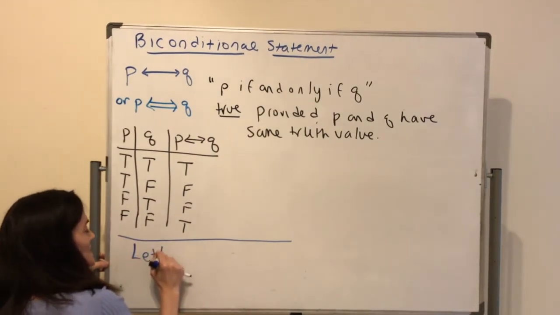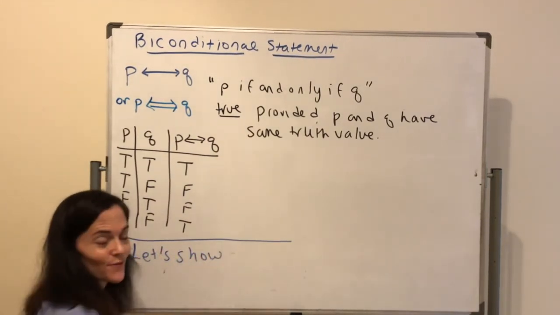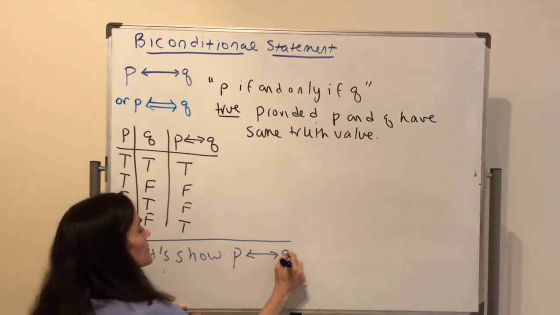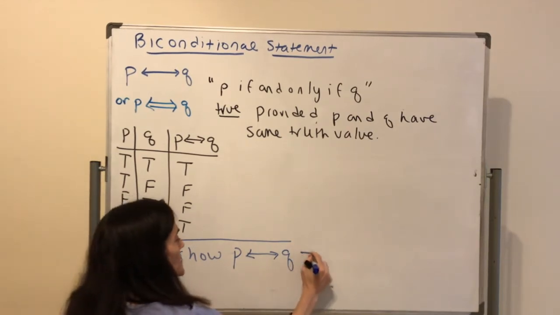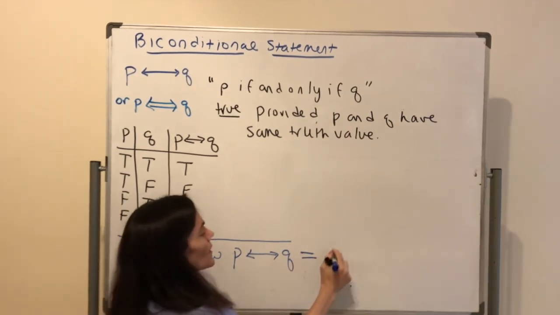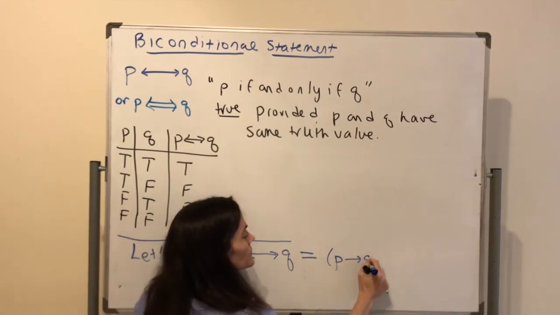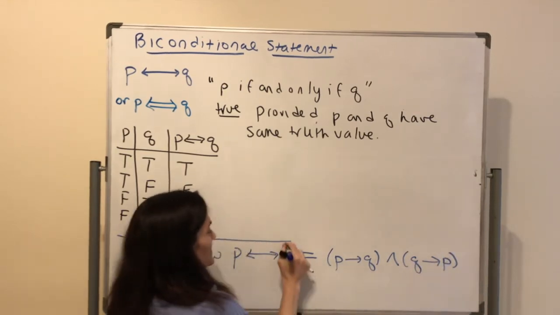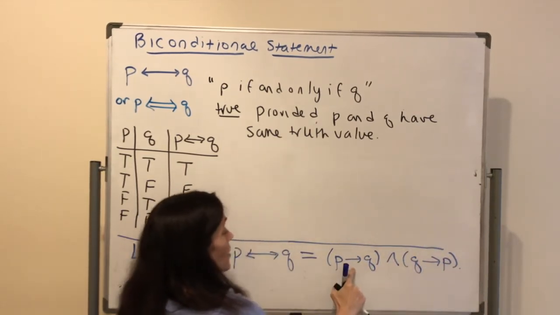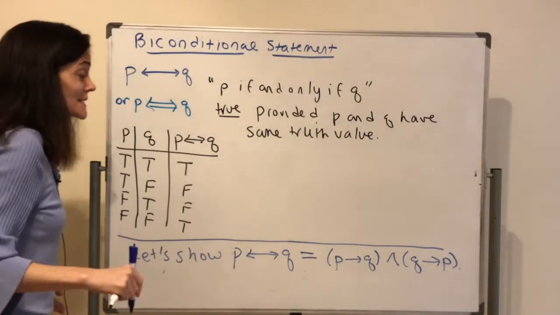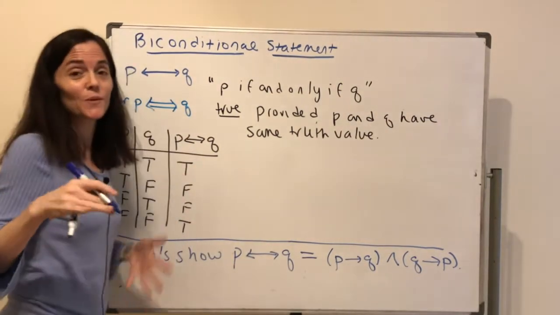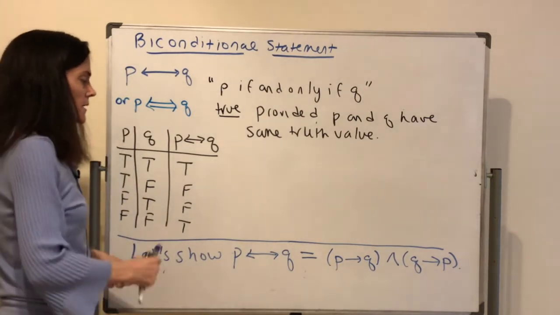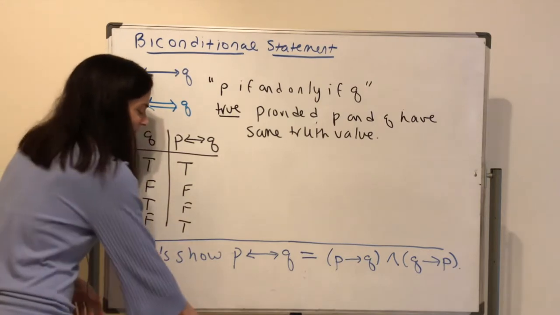This is our first verification of a logical equivalence: P if and only if Q is logically equivalent to P implies Q and Q implies P. The right-hand side of this equation is the side we will work with when we prove if and only if statements a little bit later in the semester. But let's show this.